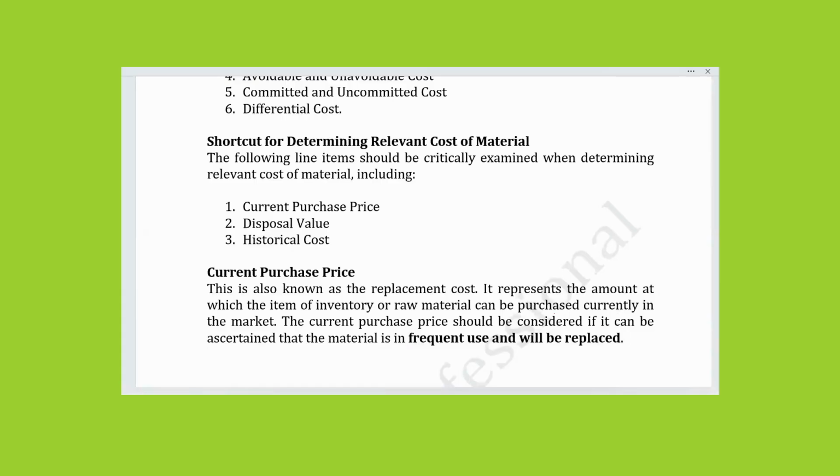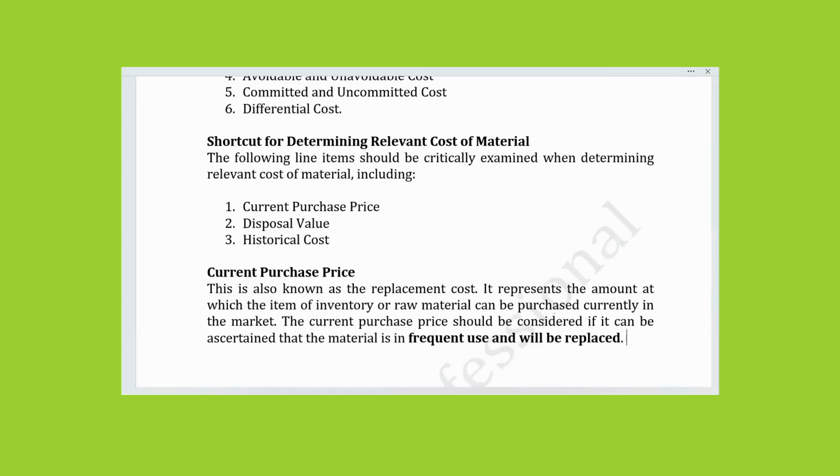Anytime in a question under relevant costing, if you see current purchase price or replacement cost, it means it is relevant and you must use it. So the examiner doesn't just give you current purchase price for the fun of it. It means that you have to use it. The examiner will not tell you that you should use it, but you should know the right thing to do, because those scenarios will be written for you to be able to interpret it.